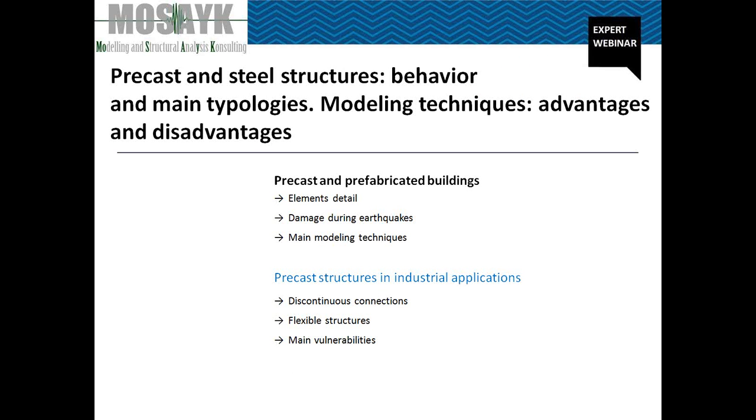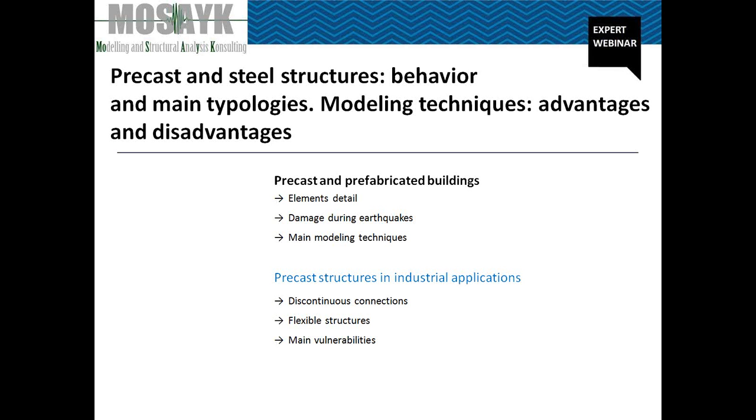Let us start with the precast structures and say that in Italy, the extensive use of reinforced concrete precast structures in the industrial field and in the service sector is the reason for the great development of one-story precast structures, and of a more limited number of multi-story ones, whose demand has constantly increased in the recent 20, 30 years.